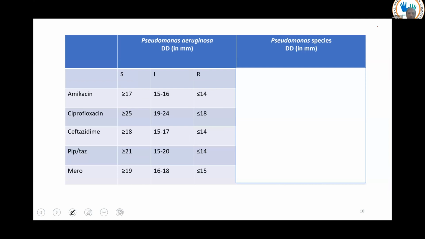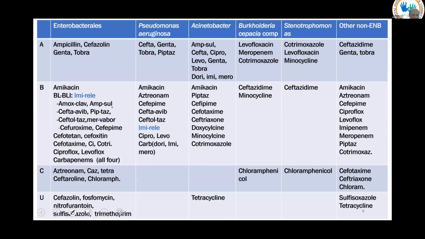Excuse me, Dr. Apurva, can you go to the previous slide? Why is norfloxacin not there in urinary for Enterobacterales, because of resistance?